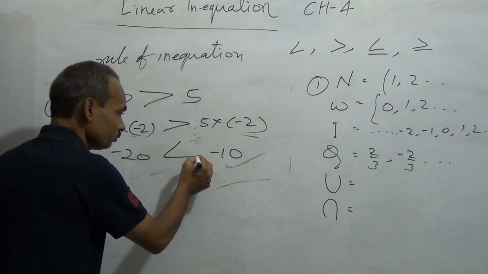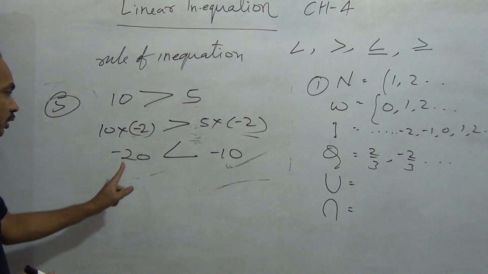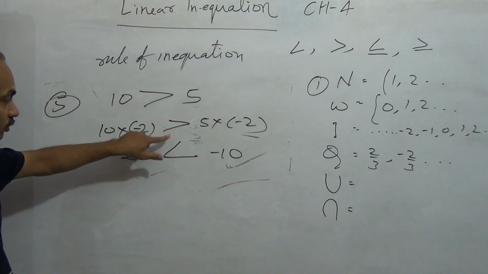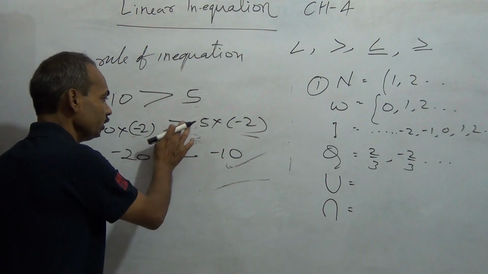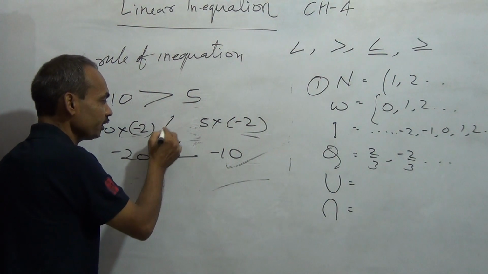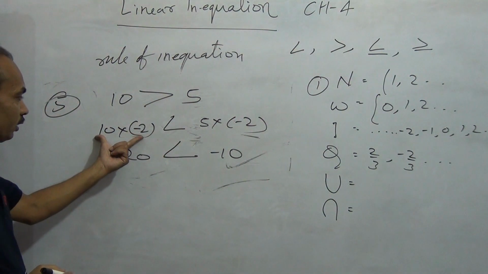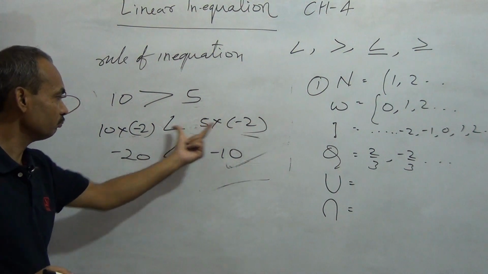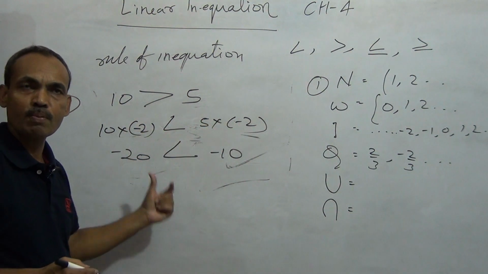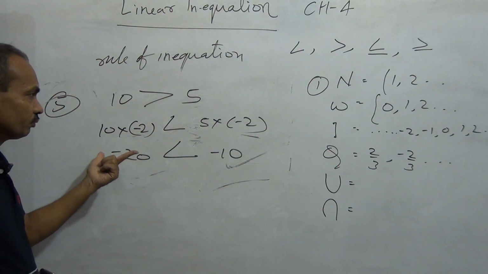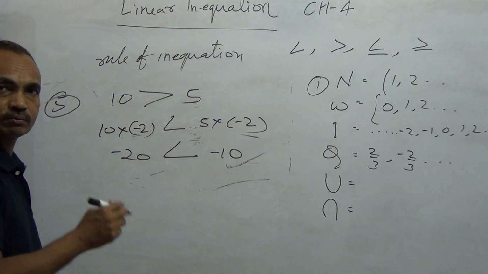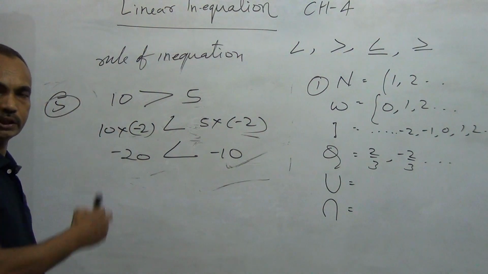We know that minus 10 is greater than minus 20, and the inequation sign has been changed. This change happens because the value has changed by multiplying or dividing by a negative number. The same result also occurs when we divide by a negative number.